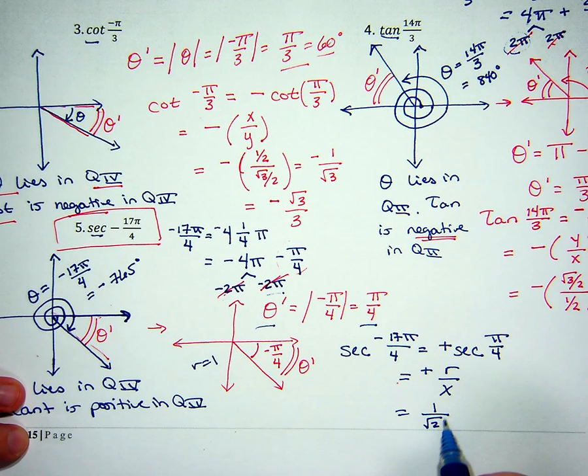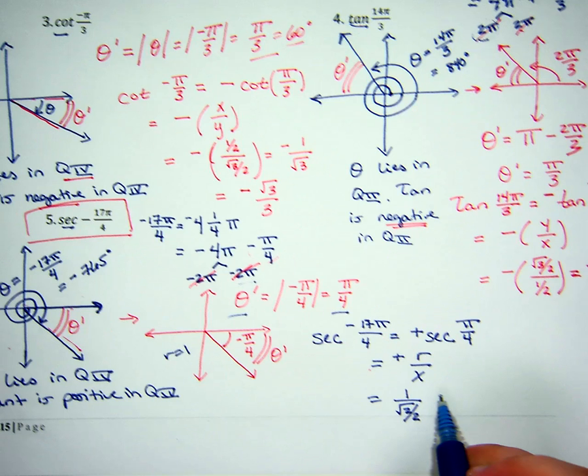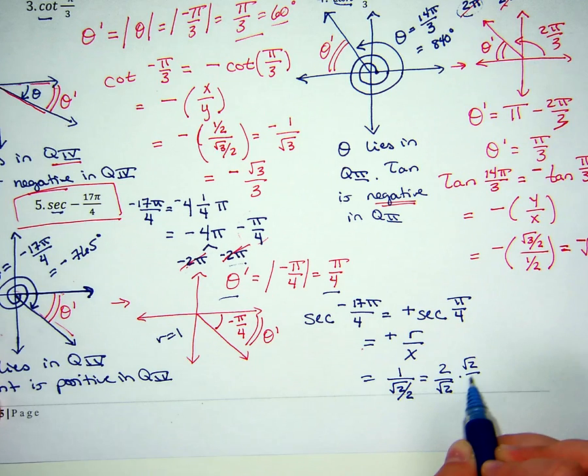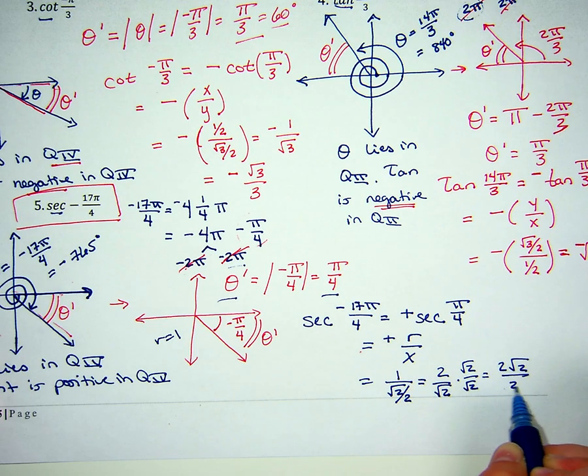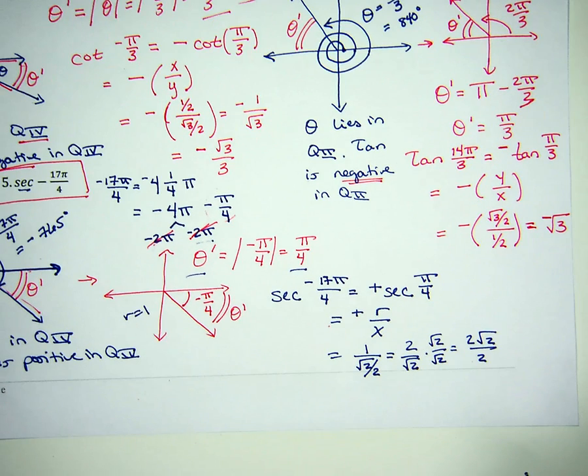So we have the value of square root of 2 over 2. Let's divide this out. So you get 2 over the square root of 2. You do have to rationalize this. So you get 2 square roots of 2 over 2, simplify, the 2's will cancel, and you'll just get the square root of 2.